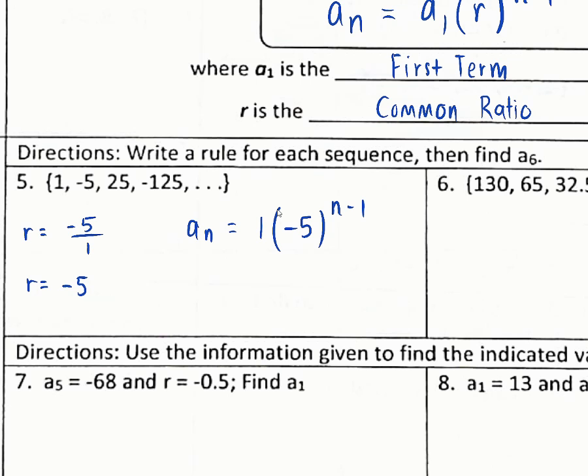What you will never do, say it, I will never do. Hang on, let me finish and then you can say this. You will never multiply your a sub 1 value by your r. Okay? Say it. I will never multiply my a sub 1 by my r.